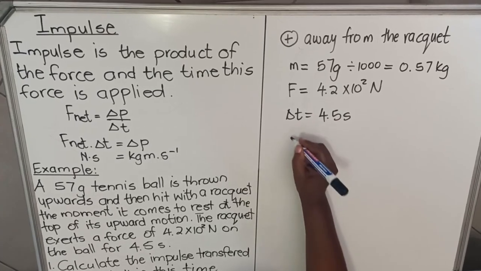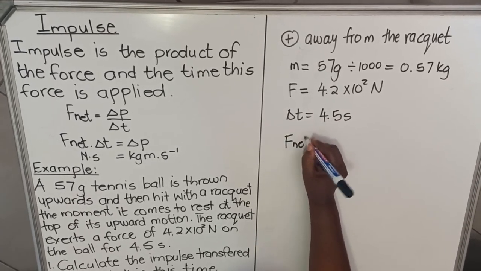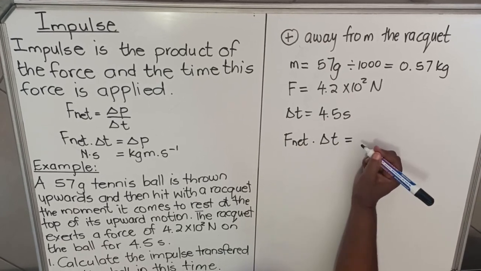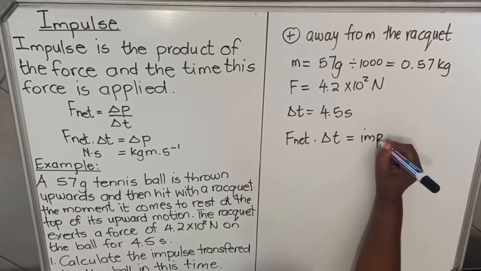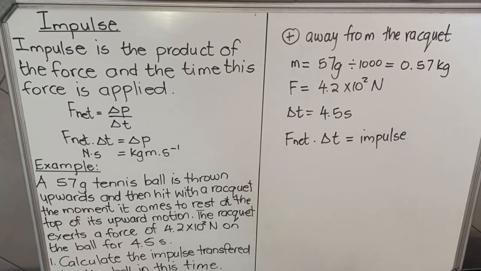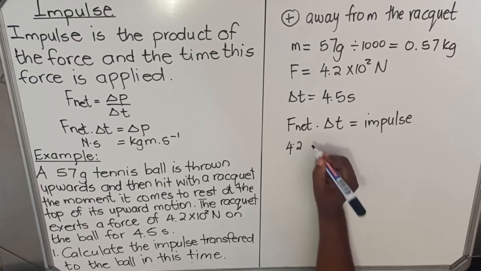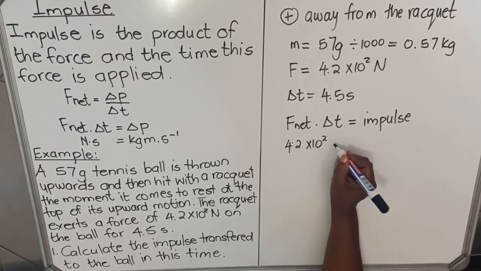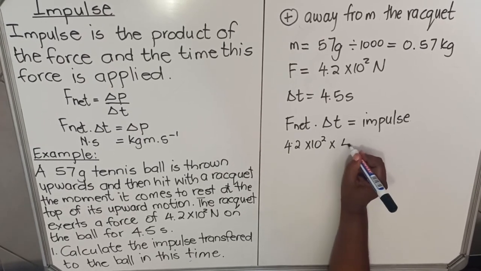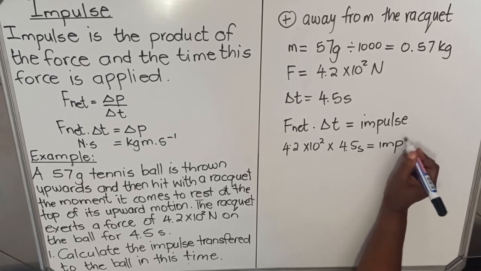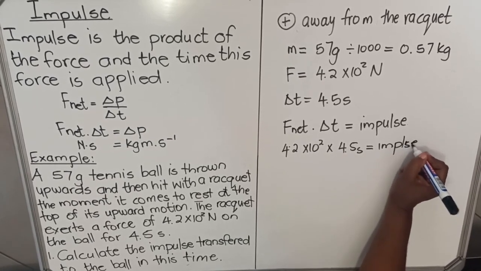The formula for impulse is net force multiplied by change in time is equal to impulse. The net force is 4.2 times 10 to the power 2 multiplied by the change in time, 4.5 seconds, is equal to impulse. I should have started by writing impulse.